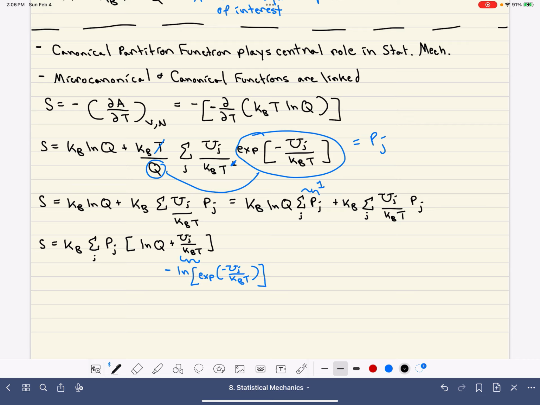Right. And the reason for doing that is because it allows me to then rewrite this entire expression like this.